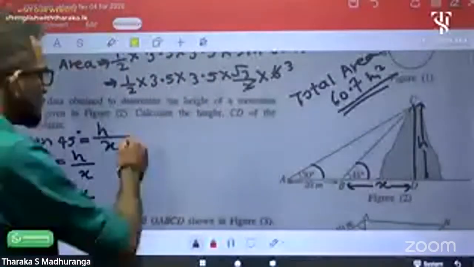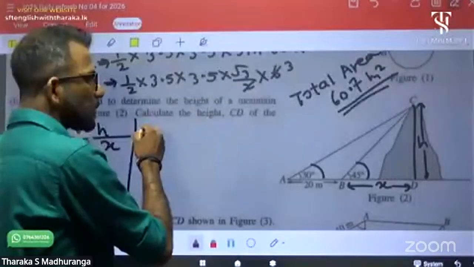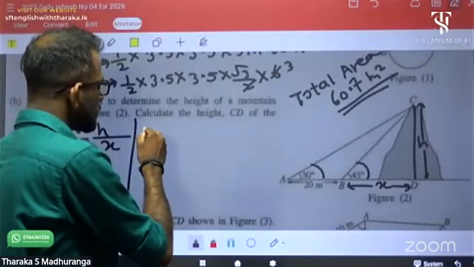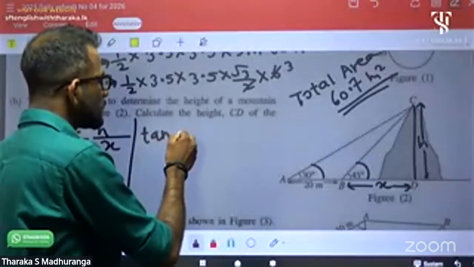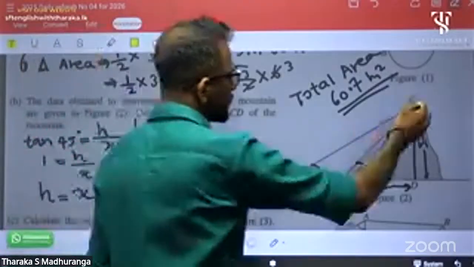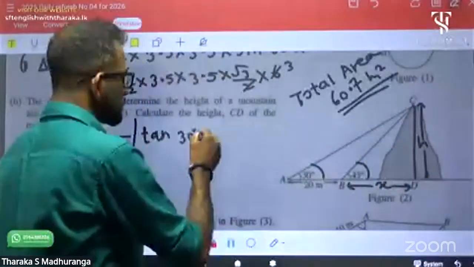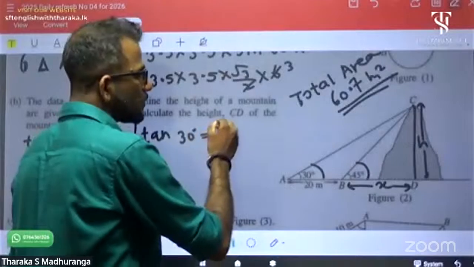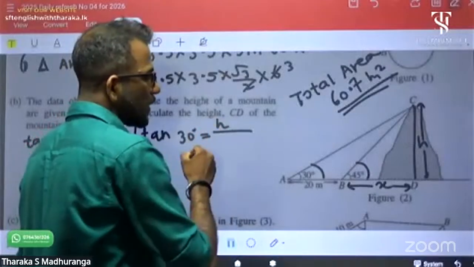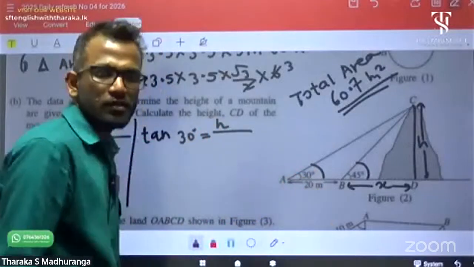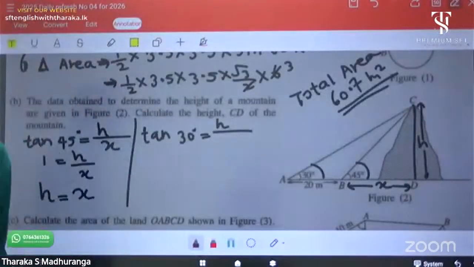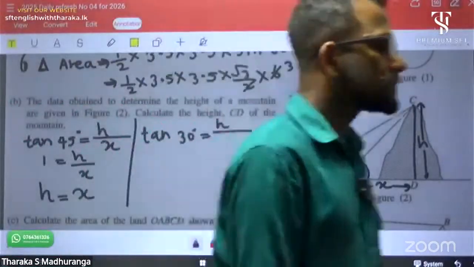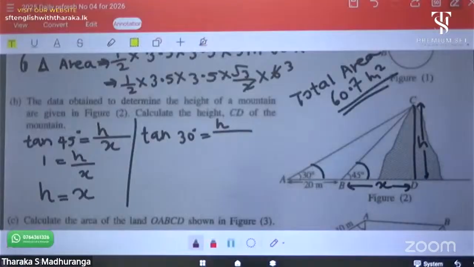Now I can apply tan 30. Why do I use tan? Because I am getting the relationship between opposite and adjacent. Tan 30 equals opposite H over adjacent. What is the adjacent? 20 plus x. What's the adjacent length?